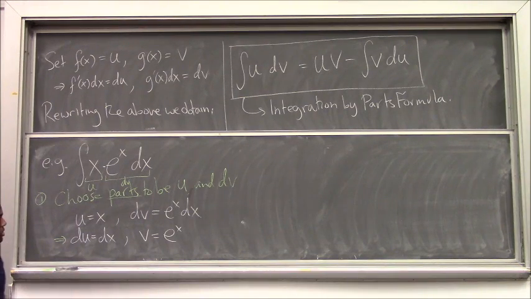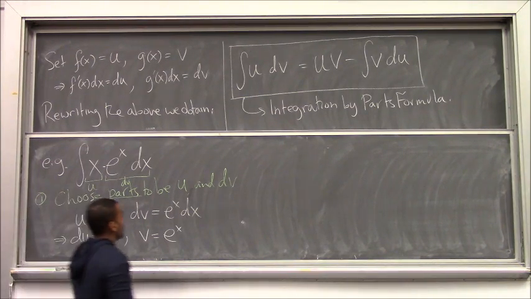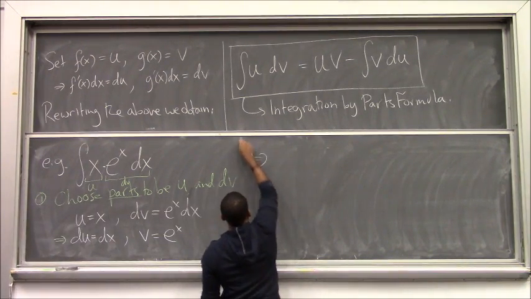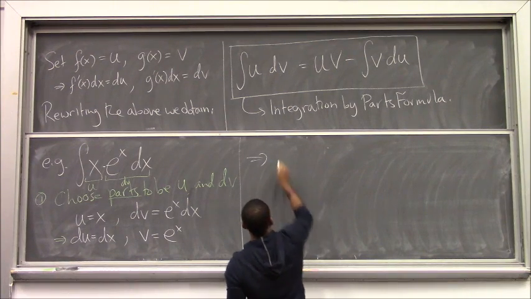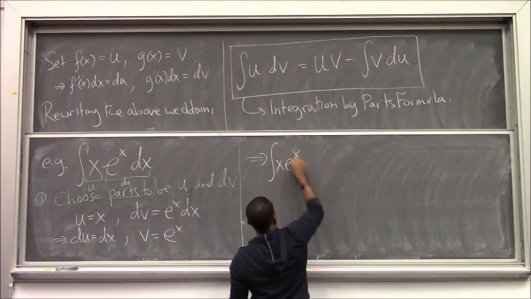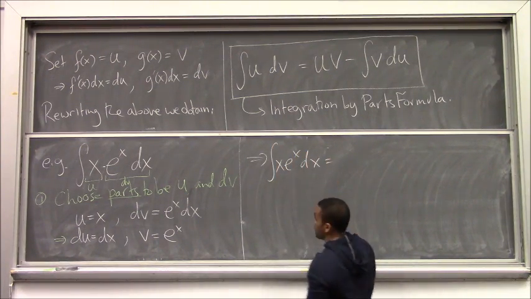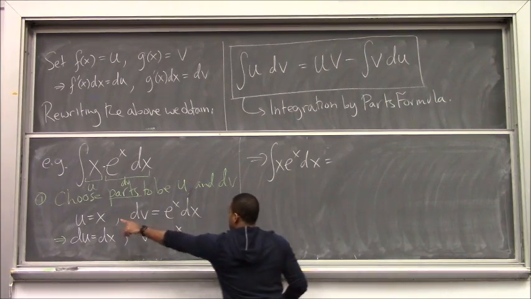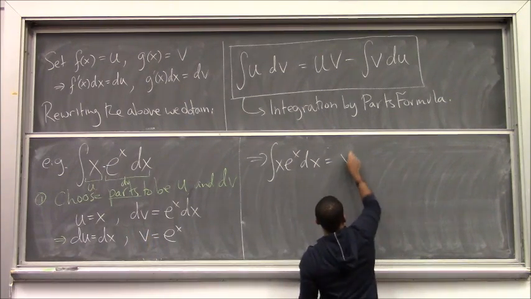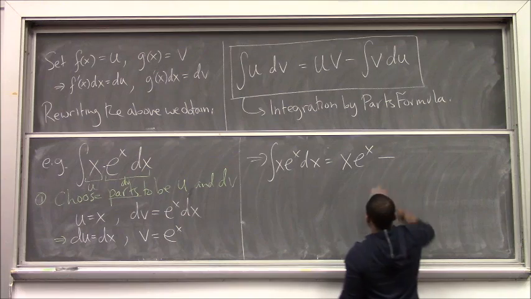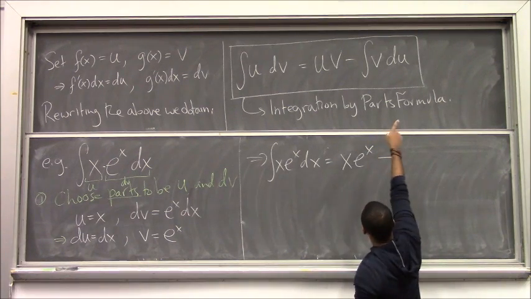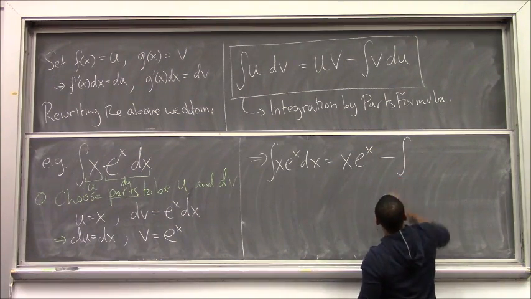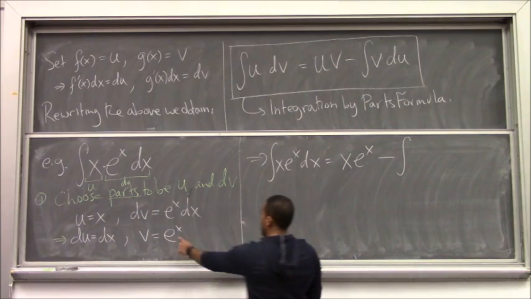And so now what I'm going to do is plug these all into the formula. So the integral of x e to the x dx is going to be equal to u times v minus, just by following that formula, the integral of v times du.